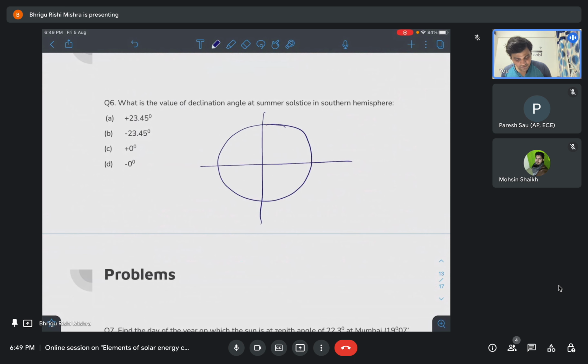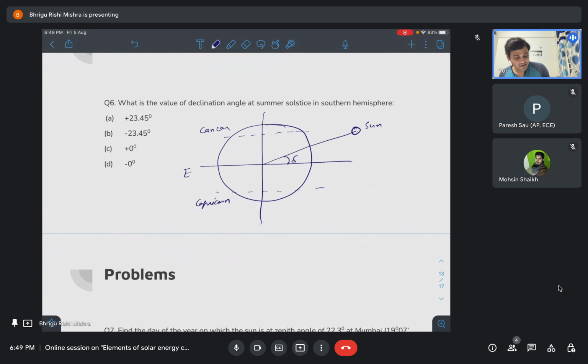This is the equator, this is the Tropic of Cancer, and this is the Tropic of Capricorn, and the sun is somewhere here. This angle is delta, the declination angle.